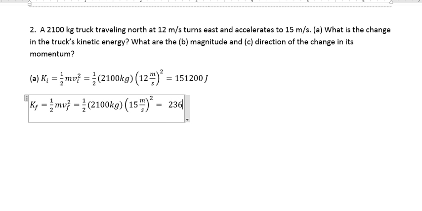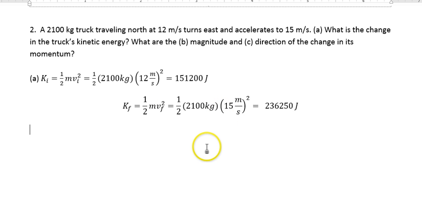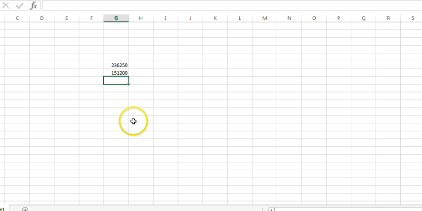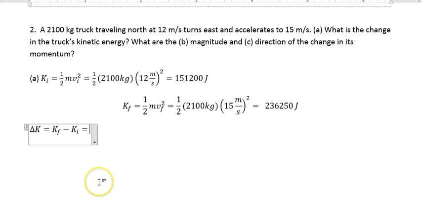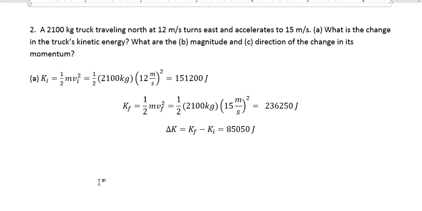We're after delta K, which is just K final minus K initial. So 236,250 minus 151,200, so delta K is 85,050 joules. That's the change in kinetic energy.